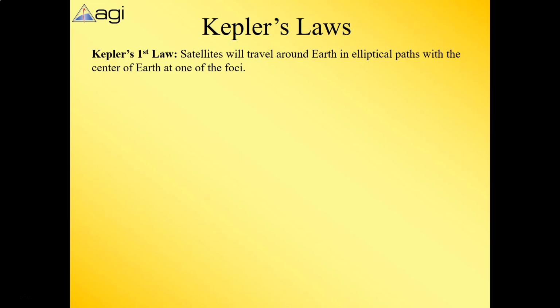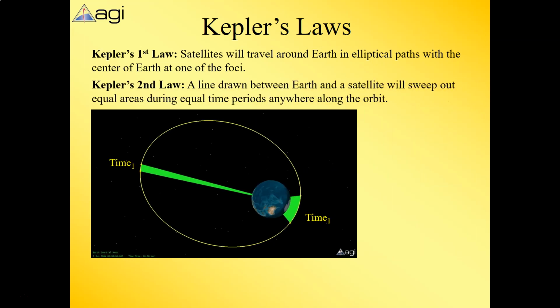Law 2 is that a line drawn between Earth and a satellite will sweep out equal areas during equal time periods anywhere along the orbit. So his second law hasn't really been discussed up to this point, but you have seen the results of it.